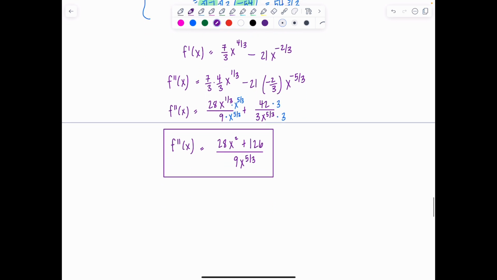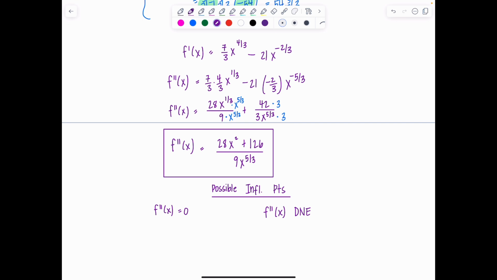Okay, possible inflection points. Possible inflection points are very similar to critical values. They just apply to the second derivative and for inflection points. So they come from where the second derivative equals 0 or where the second derivative does not exist.